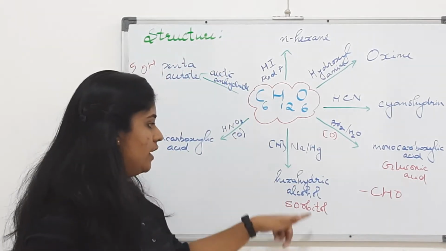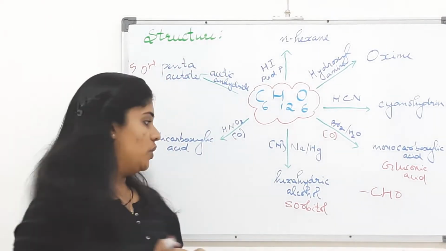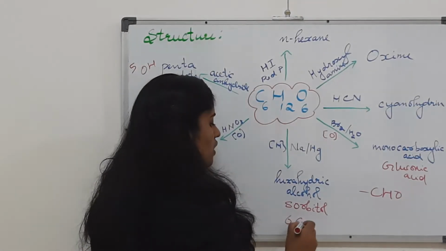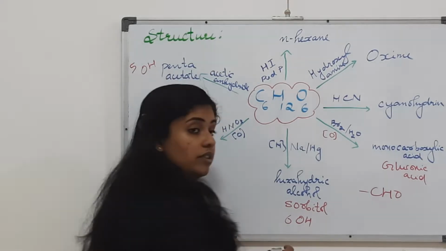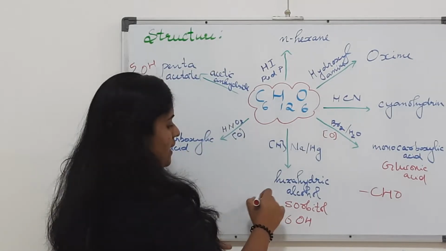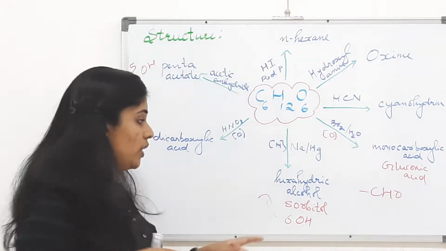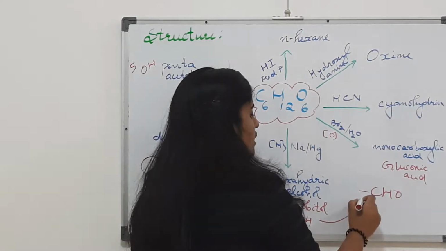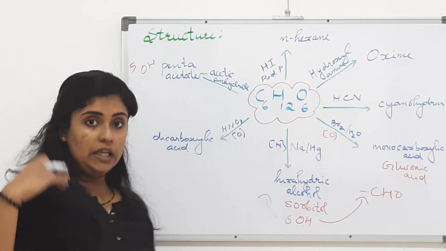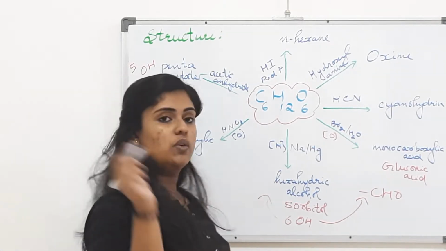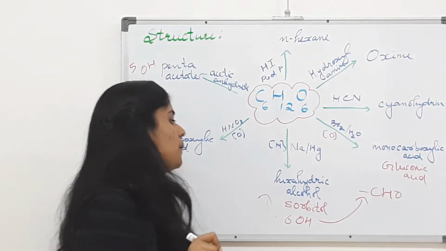Apart from that, after reduction, we got one more OH unit. So a total of 6 OH units were there, which showed that 5 of them are from the previous pentaacetate result, and the other OH came from the reduction of the CHO unit. This CHO unit got reduced to an OH unit, so totally we got 6 OH units.